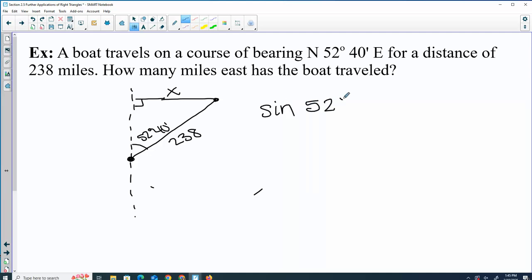So the sine of 52 degrees 40 minutes equals the opposite side x over that hypotenuse 238.